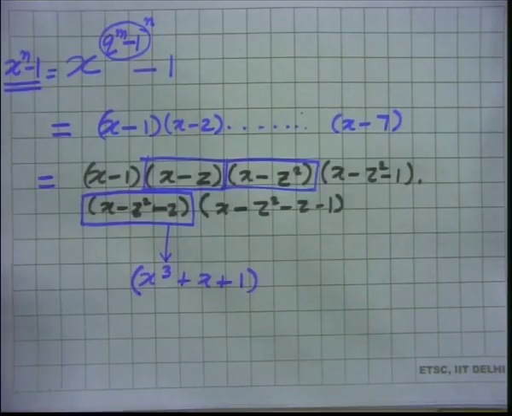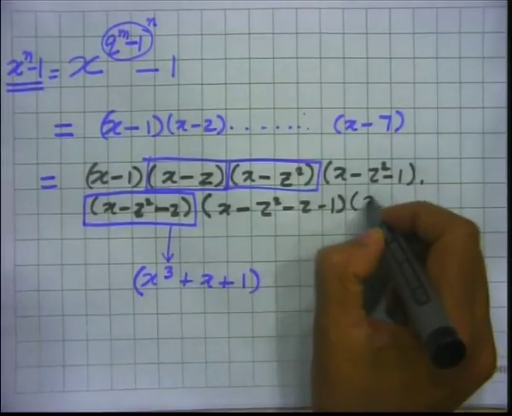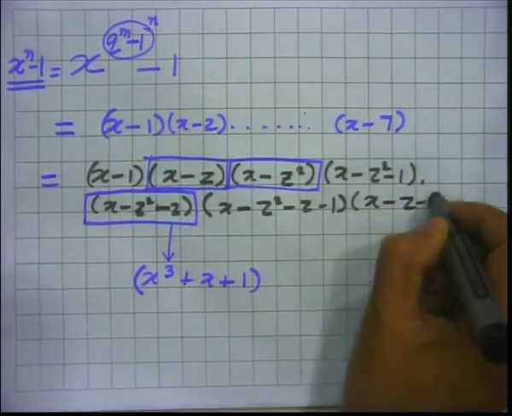And if you look at x minus z minus 1, one element is missing, right.